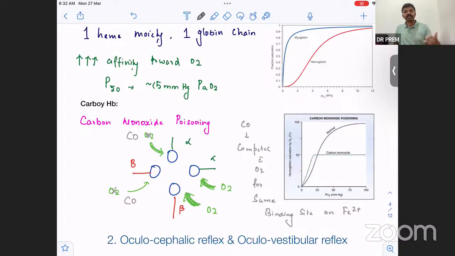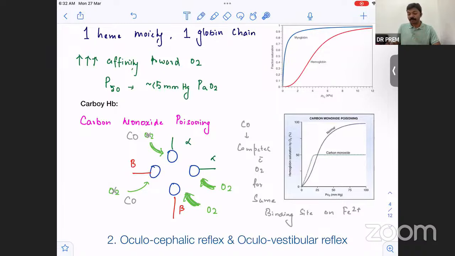So the third oxygen and fourth oxygen cannot be taken away from hemoglobin at all. So what happens? Out of 100% of hemoglobin, 50% is saturated with carbon monoxide, and the other 50% of hemoglobin is saturated with oxygen. So the last 50% of hemoglobin is taken away by carbon monoxide and only 50% of hemoglobin is saturated by oxygen.